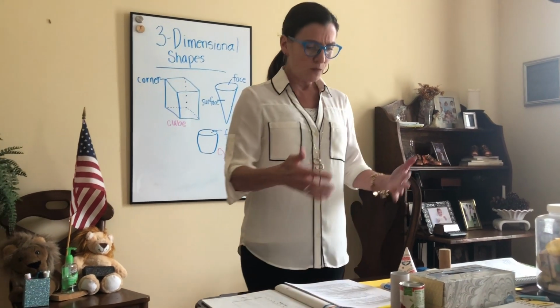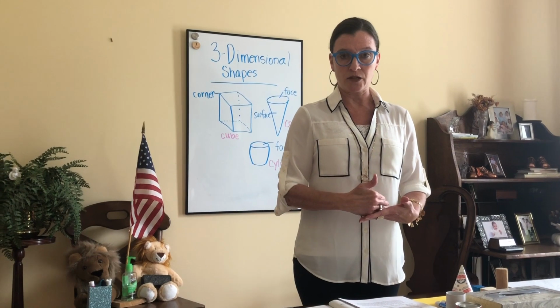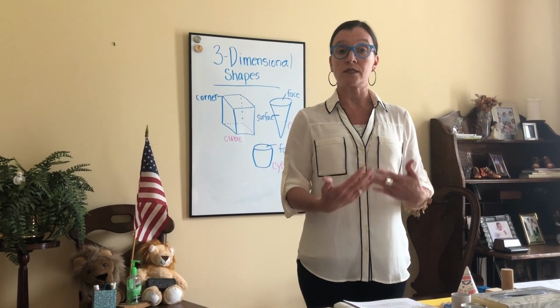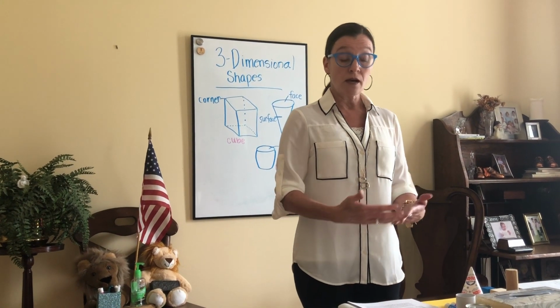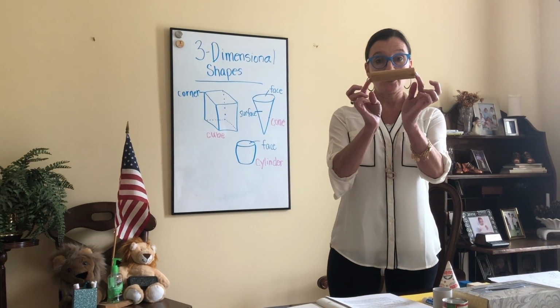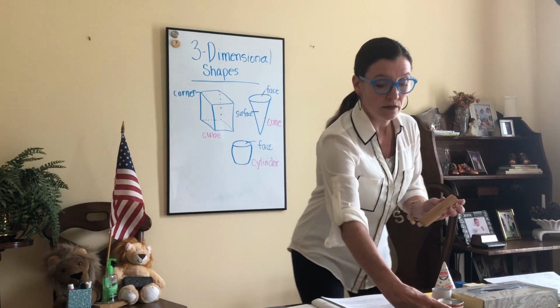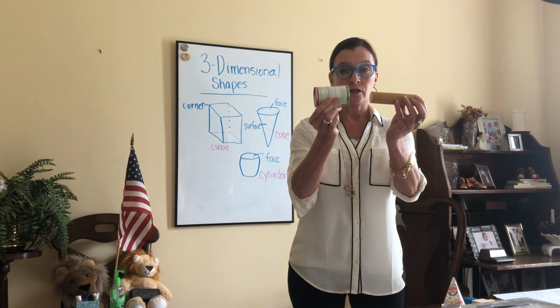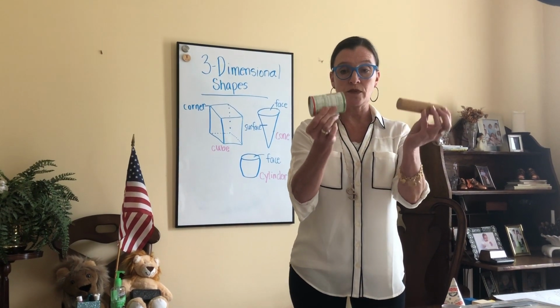So we talk about defining and non-defining attributes of two-dimensional shapes. We can do the same thing with three-dimensional shapes. A cylinder can be big or small. Here's another cylinder. It's a little bit skinnier than our can, but it's still a cylinder. It doesn't matter what size it is or the width of it.